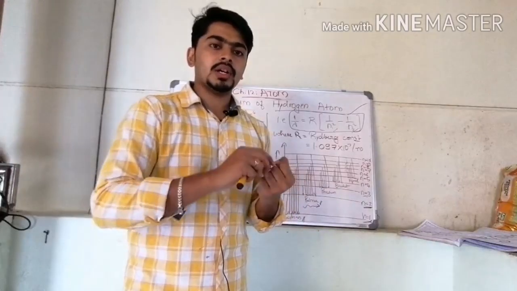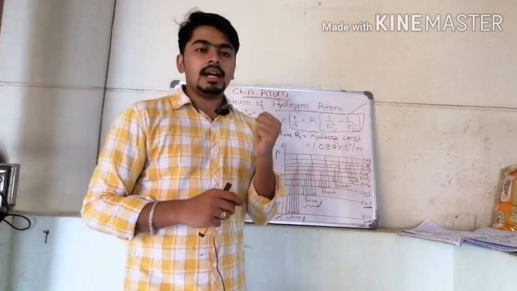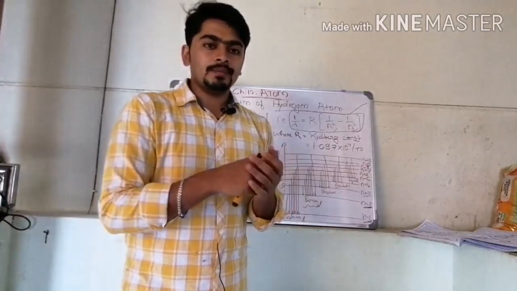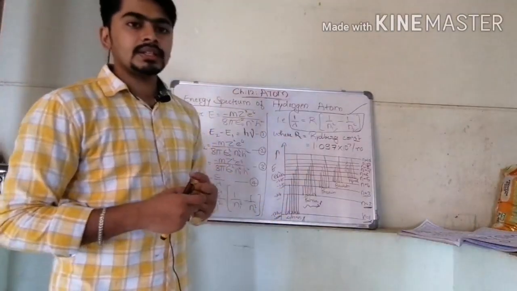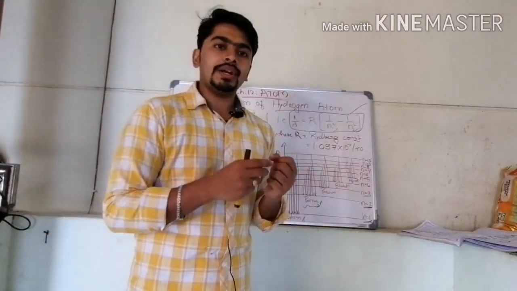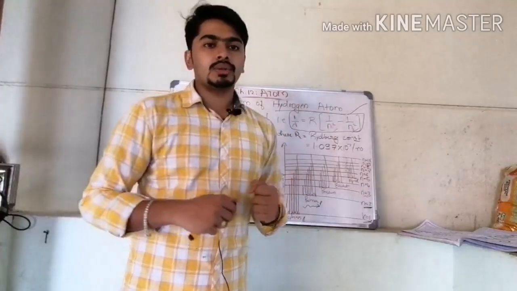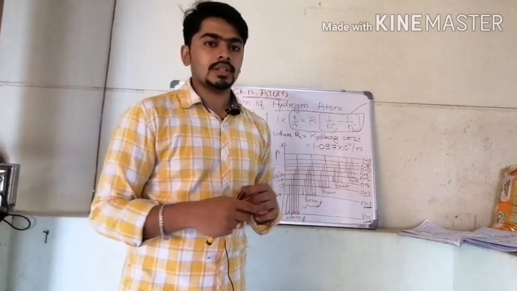If we remove an electron from an atom, that atom possesses a certain positivity, so it becomes an ion. That means ionization energy is the amount of energy required to remove an electron from its ground state. That is ionization energy.